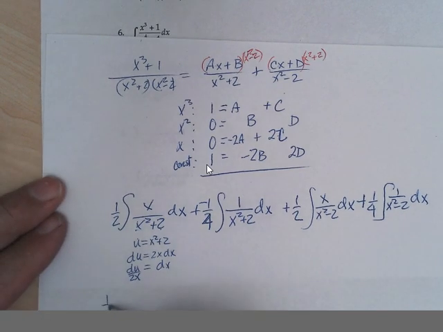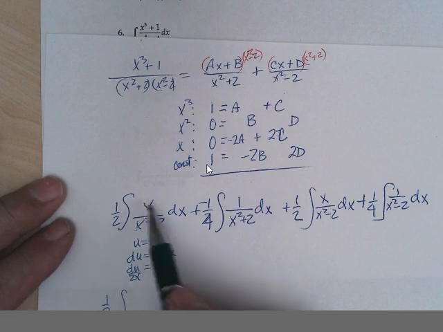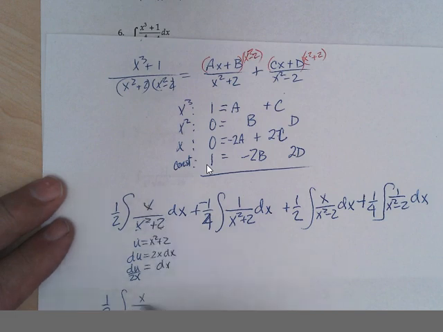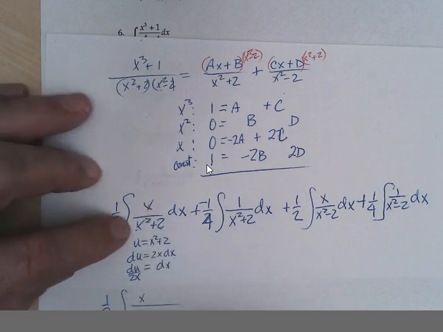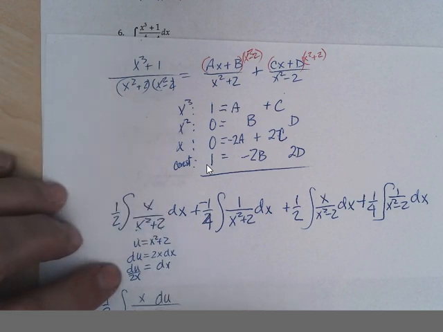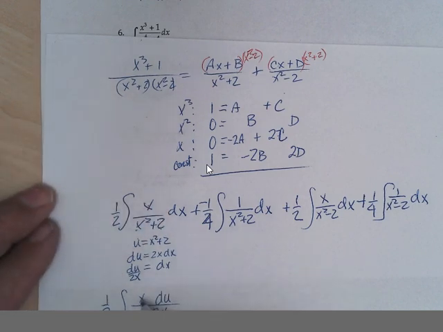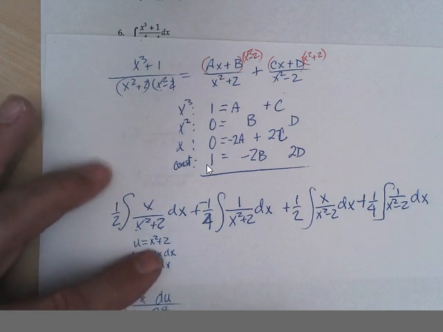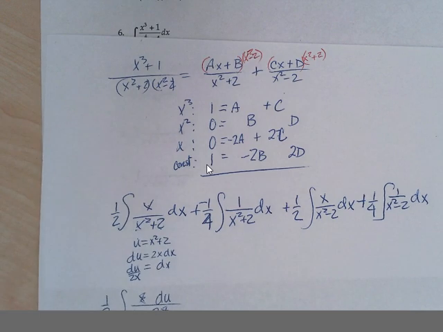So this becomes 1/2 integral dx over u, and dx is du over 2x. I'll take a little slower on this one so you can see all this. And so this is 1/4 integral of 1 over u, which is ln u, or x squared plus 2. That's that one.